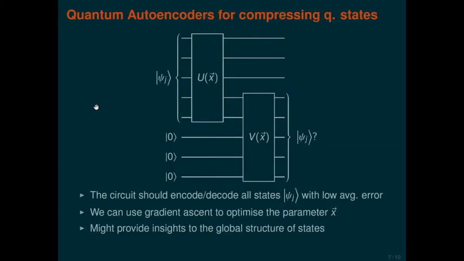And just one application I wanted to show you is the quantum autoencoder, where the idea is that we try to compress quantum states, which are in this example 5 qubits, to only 2 qubits. And I say that the compression was successful if I can recover it with another map which takes some 0 inputs on the 3 new qubits, takes the encoded 2 qubits, and tries to restore the original state.